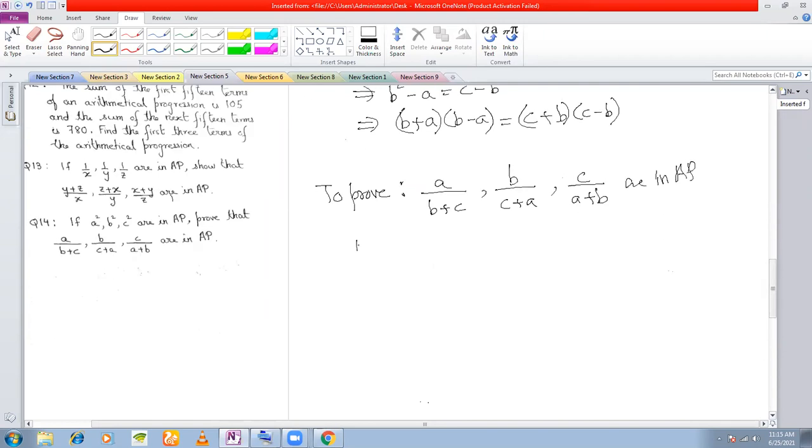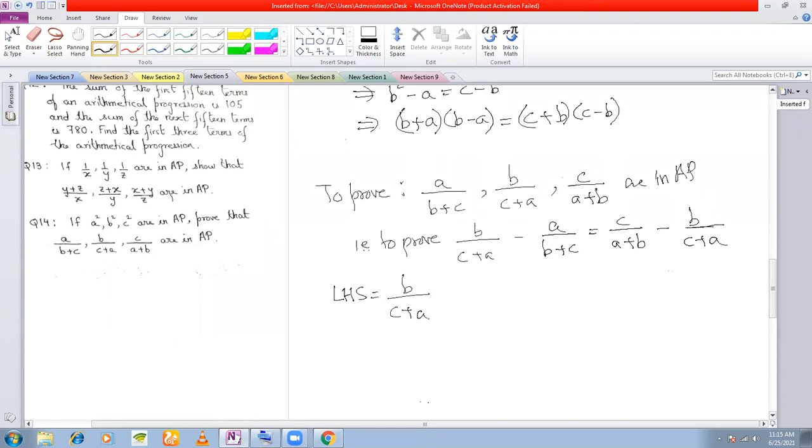So that is to prove b/(c+a) minus a/(b+c) must be equal to c/(a+b) minus b/(c+a). That is what you want to show. Okay. So again, start from the left hand side. b/(c+a) minus a/(b+c). Take the LCM here.